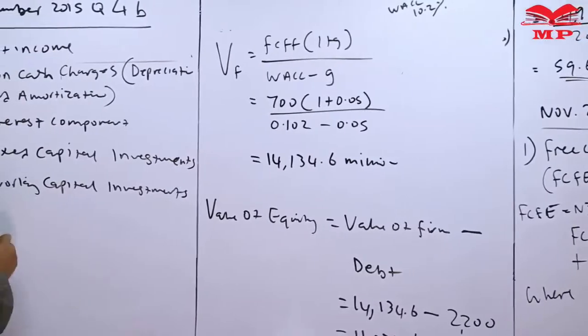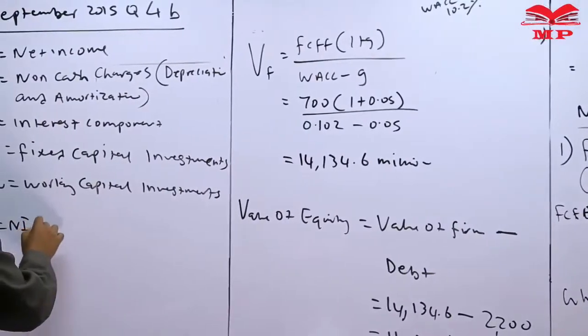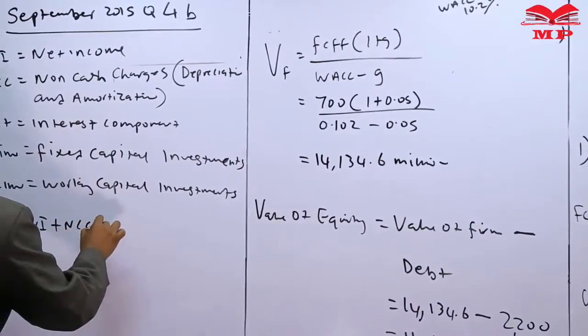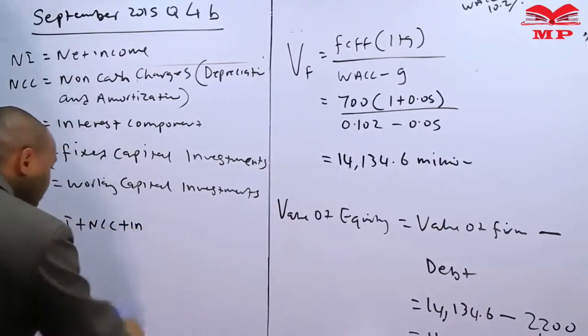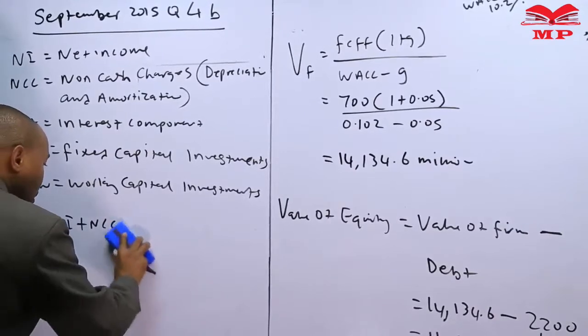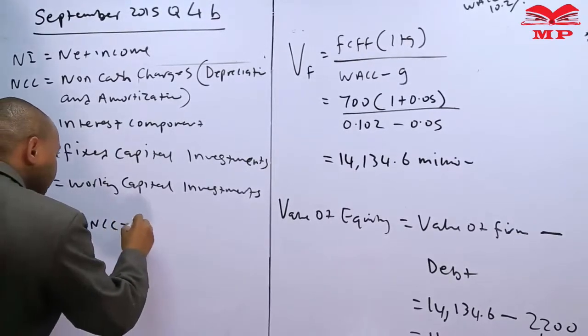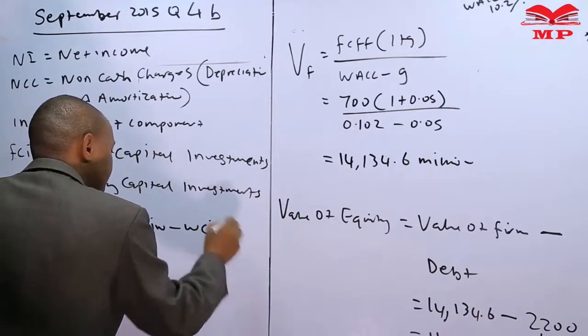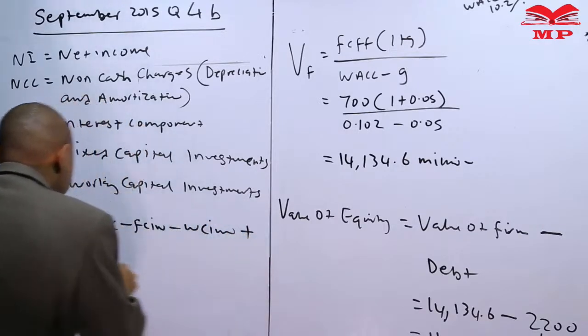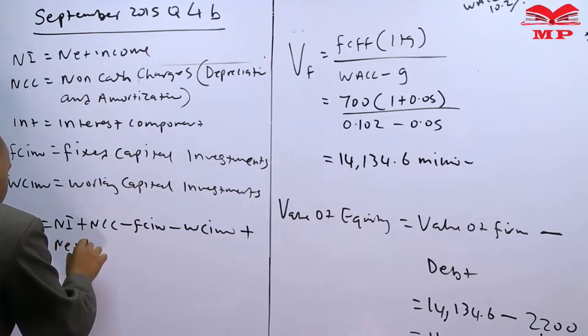FCFE equals net income plus non-cash charges, minus fixed capital investments, minus working capital investments, then you add net borrowing.